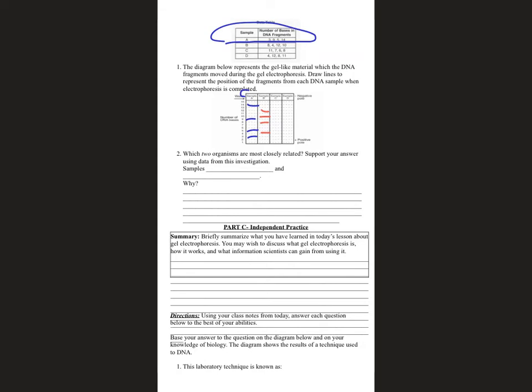For sample C, I start with 11, so I go to 11 there, then down to 7, 6, and 8. And last but not least, for sample D, we have 4, 12, 8, and 11.